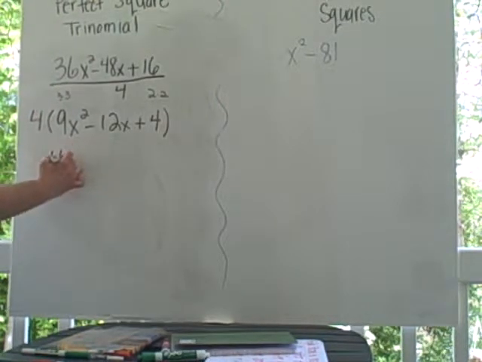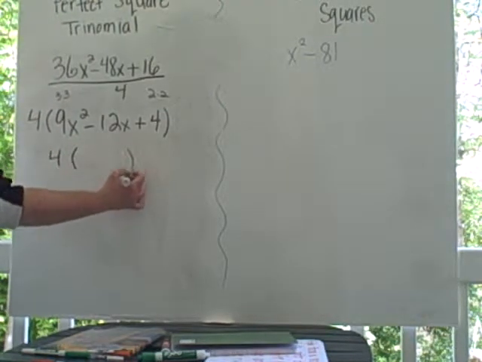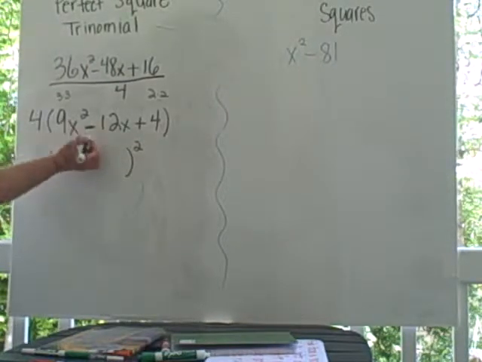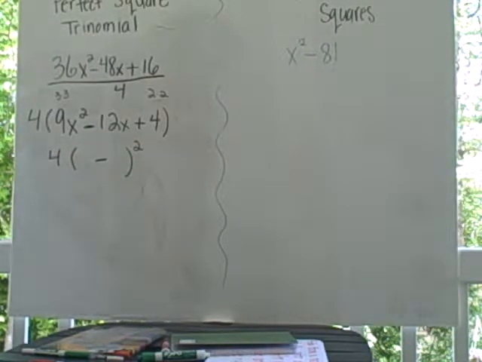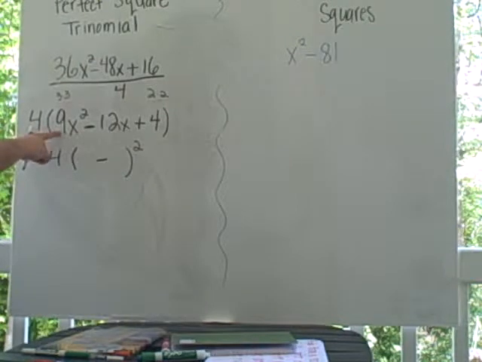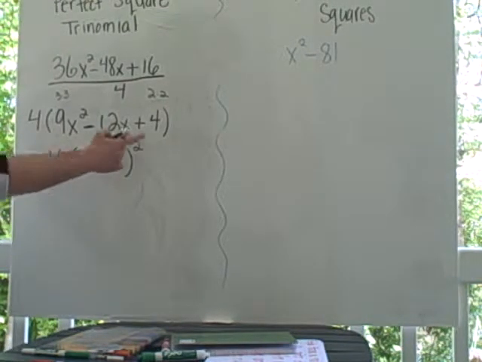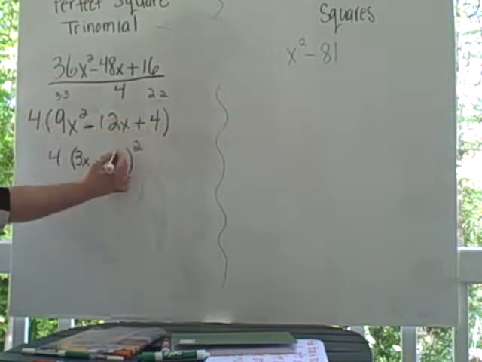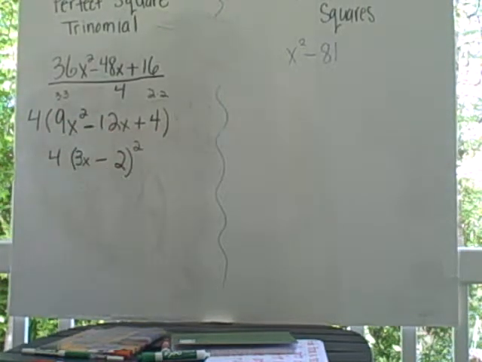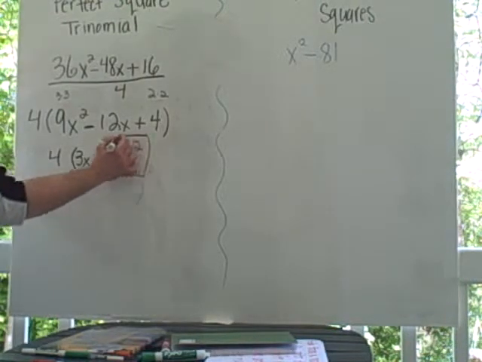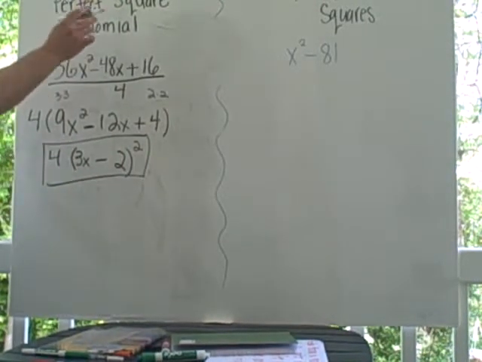I put the 4 in the front, open up the parentheses, put the square back here. Since this is a negative, I go ahead and write my negative. 3 times 3 is 9, so this is 3x. 2 times 2 is 4, so that's a 2. And that's how I would factor the perfect square trinomial.